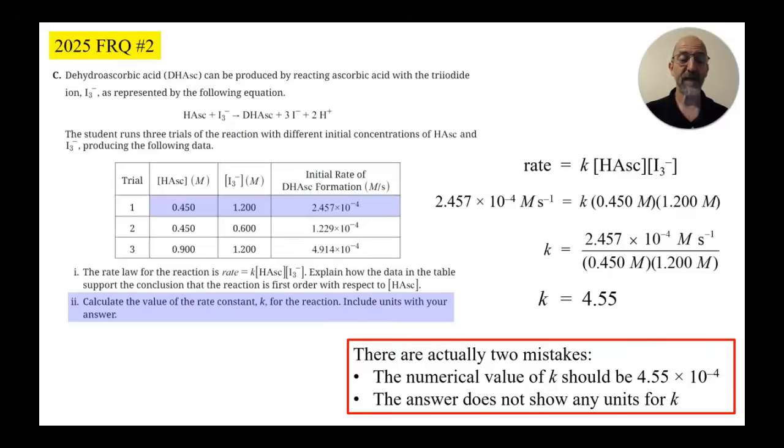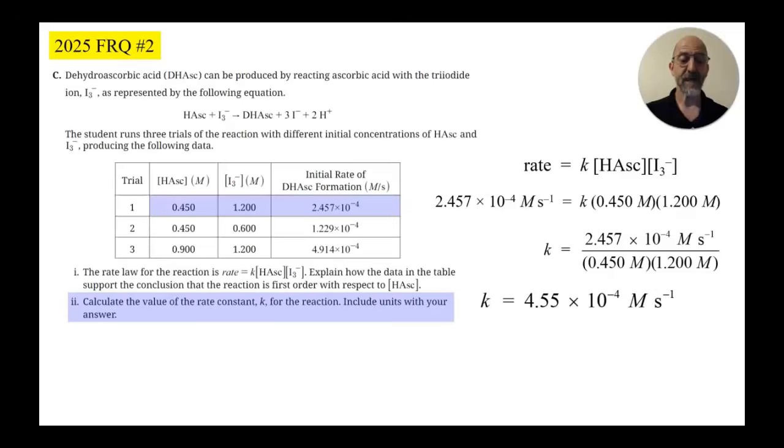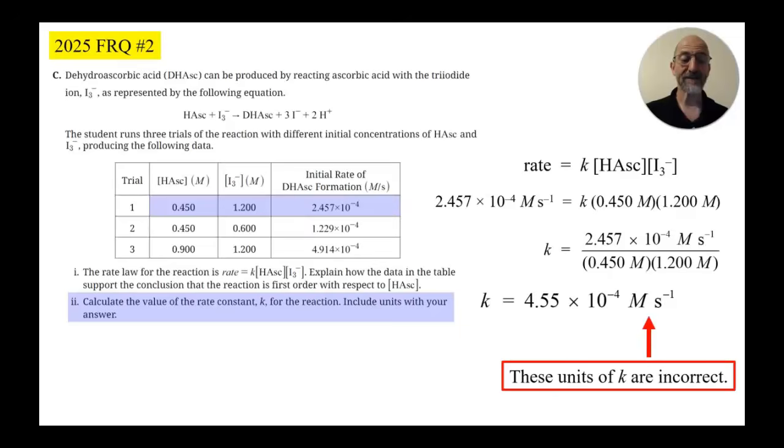Let's suppose that the student wrote this. Looks like they have the right numerical value, but look at those units. Is it molarity per second for the rate constant? Well, I see molarity squared in the setup on the bottom, and I see molarity per second on the top. So the correct units are actually molarity to the negative 1, or reciprocal of molarity, and seconds to the negative 1.